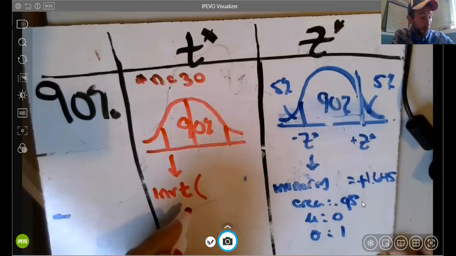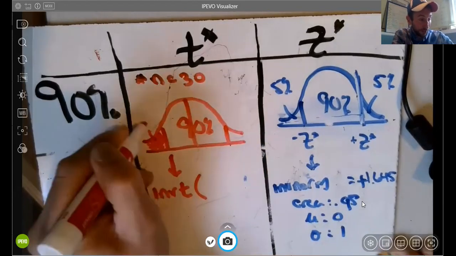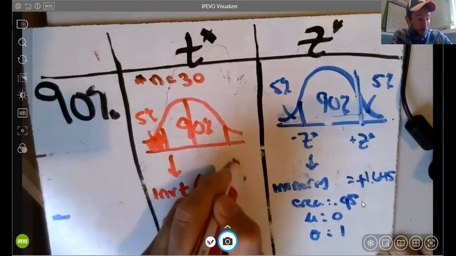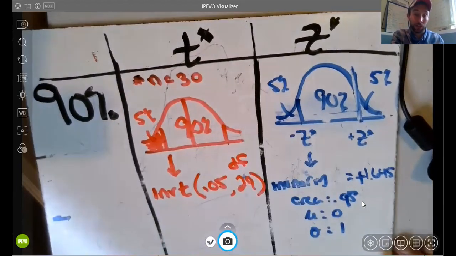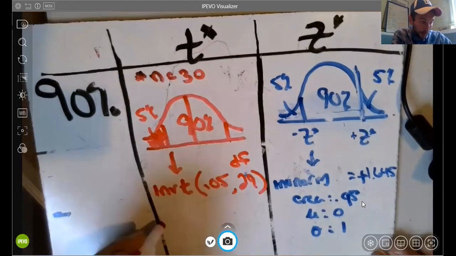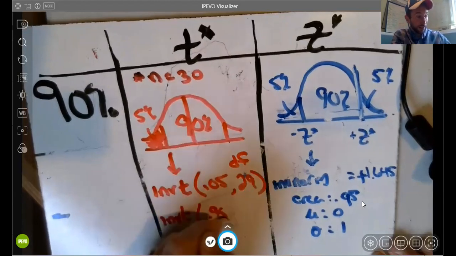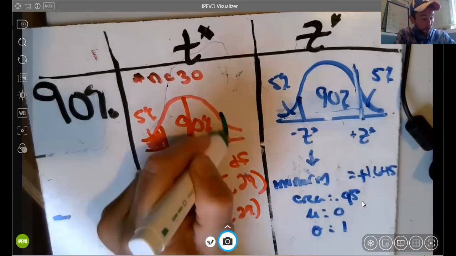My area is always to the left, so to the left of this would be 5%. I could do 0.05, comma, and now I need my degrees of freedom, which are n minus 1, so 29. That's one way to get my T star. Or I could do inverse T 0.95 and 29, and that would be focusing on this spot right here.